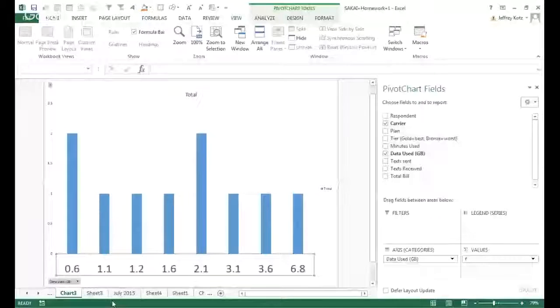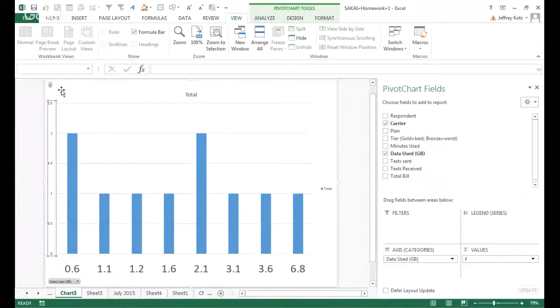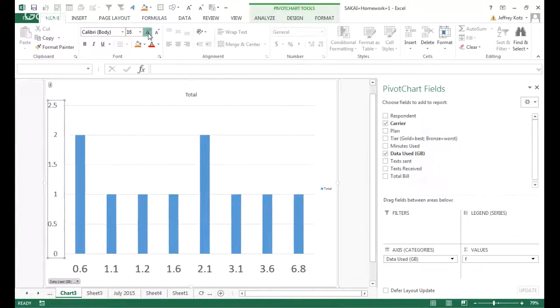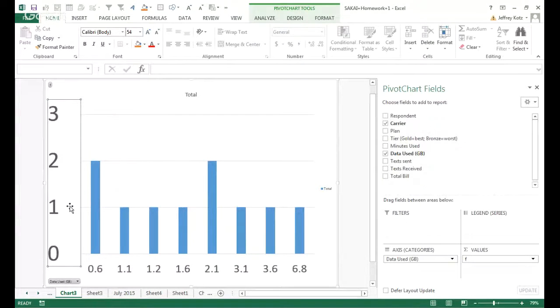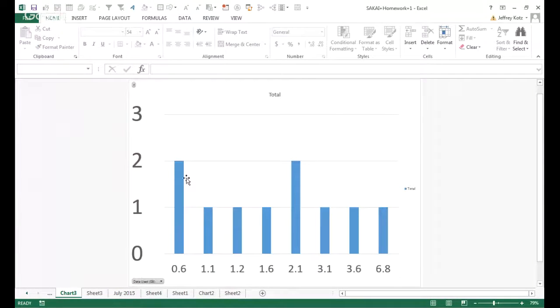Let me pull up the one I was looking at here. So when we generated a, well, this is a bar chart. This tells us the frequency over here of the 10 people and how much data they used. I've got to get better at doing this in 5 minutes. We say that 2 people used 0.6, 1 person used 0.1.